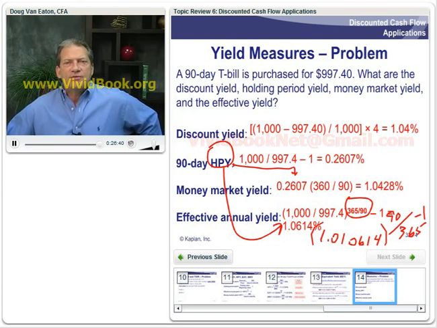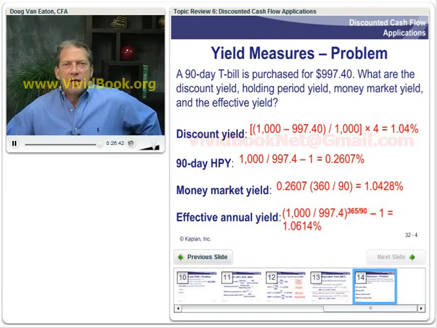So I can go backwards, and then from my holding period yield, I can get back to the discount yield, the money market yield, or the effective annual yield.